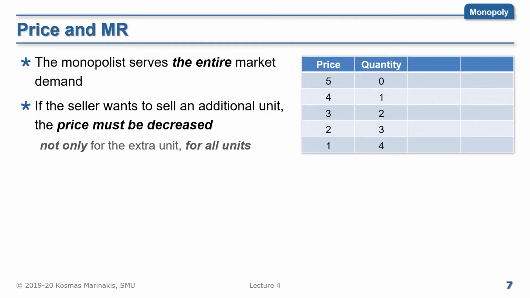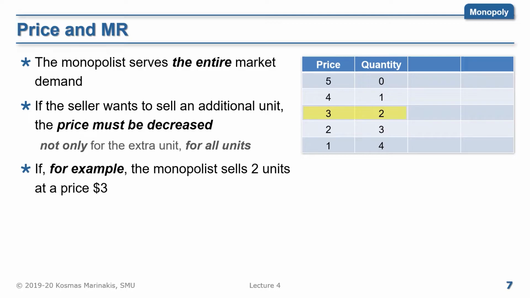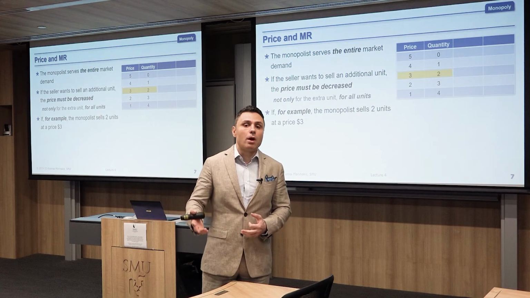With a price of $5, you demand 0 units; at $4 you demand 1 unit; at $3, you demand 2 units; at $2 you demand 3 units; and at $1 you demand 4 units. If the monopolist sets a price of $3, then you will be demanding 2 units, and that's how much the monopolist will sell.